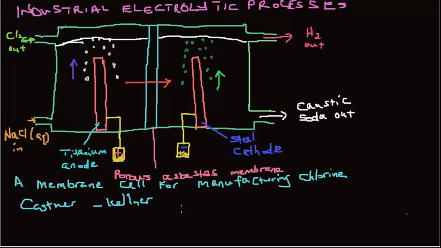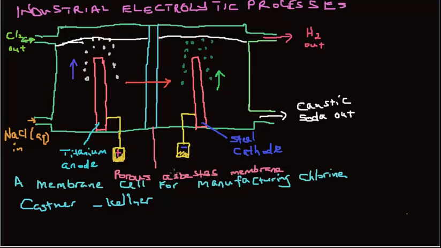And the other disadvantage which we have is high electricity consumption, apart from the one which we have said, that mercury itself is highly toxic. So that's why we are not using the flowing mercury cathode, because of its harmful effects to the environment.